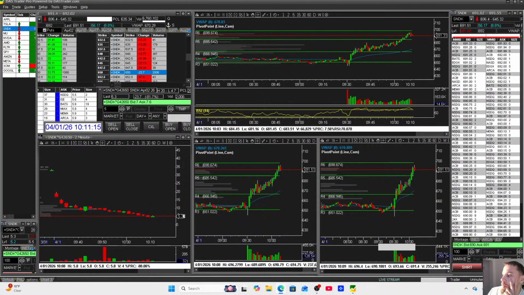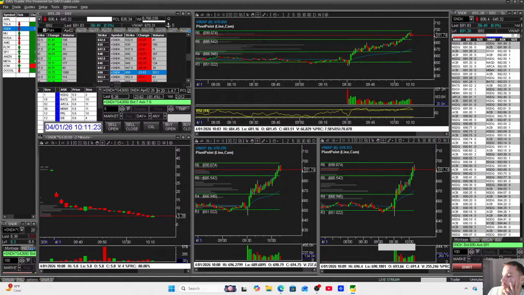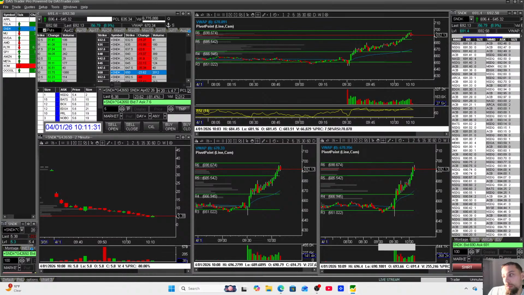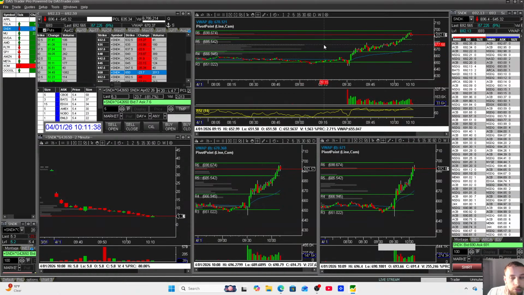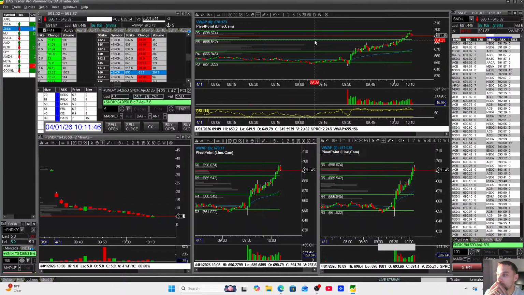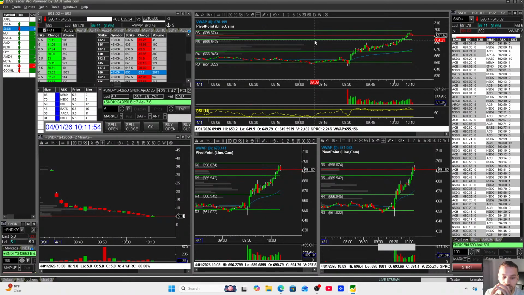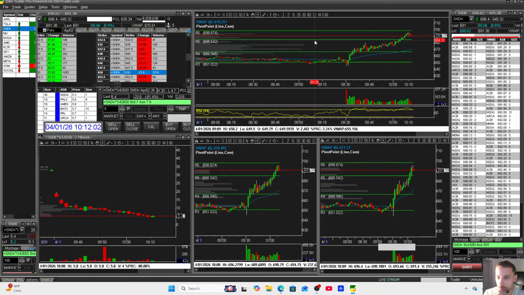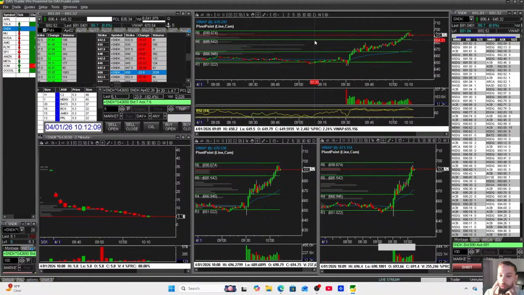SPY and QQQ cues. Not much going on. May have hit the peak here, guys.